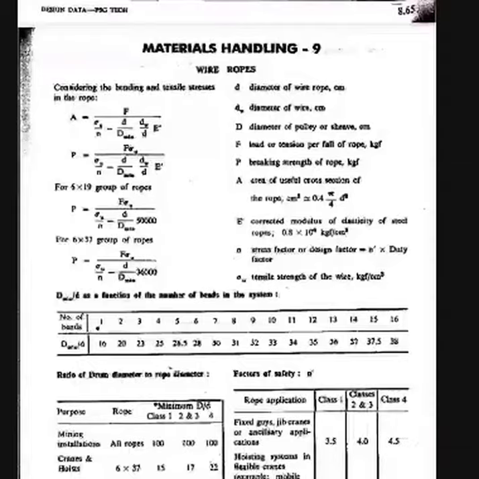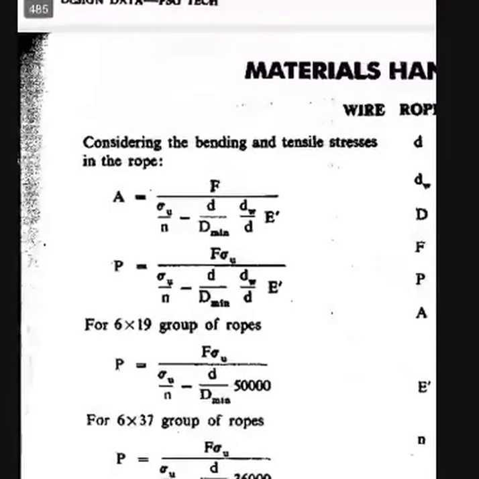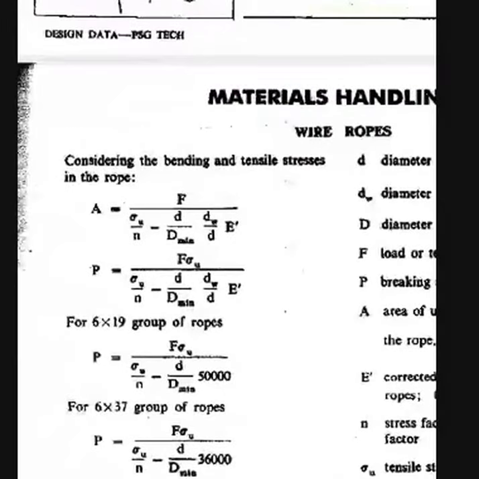The area given is A is equal to F divided by sigma U upon n minus D by D mean, into dW by dE dash.